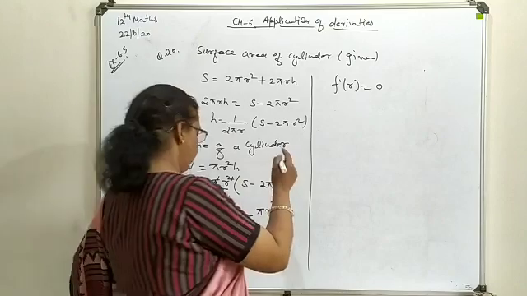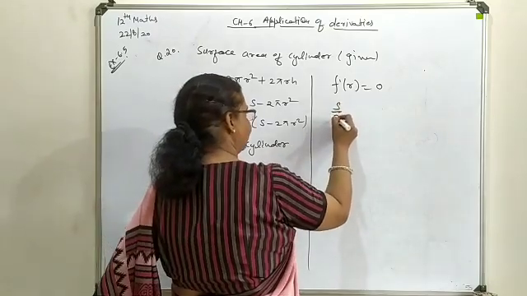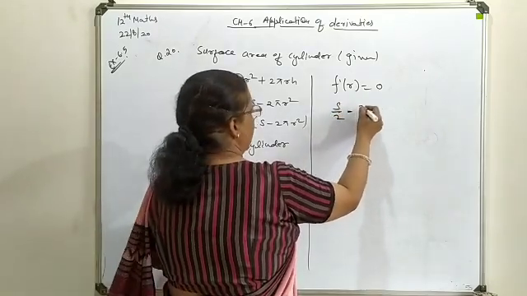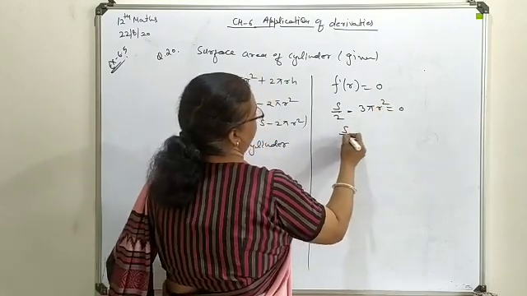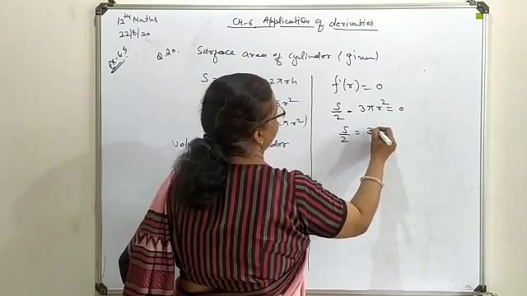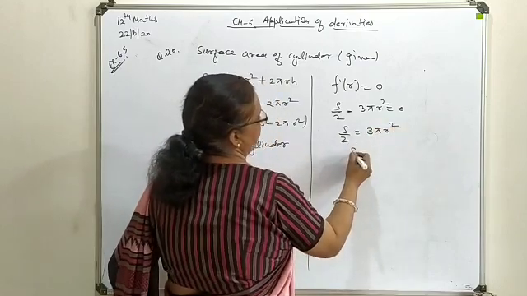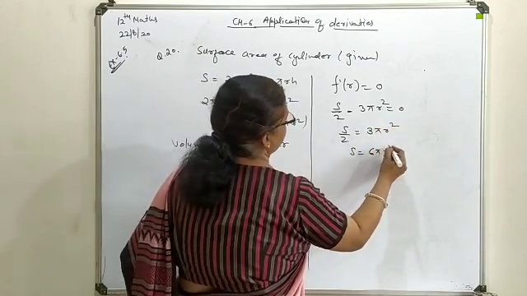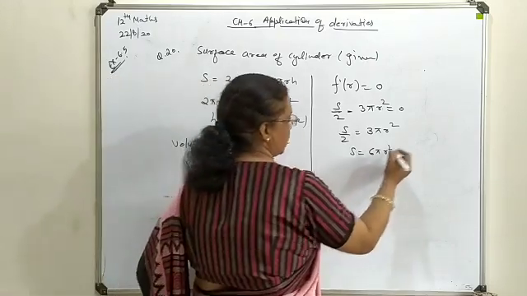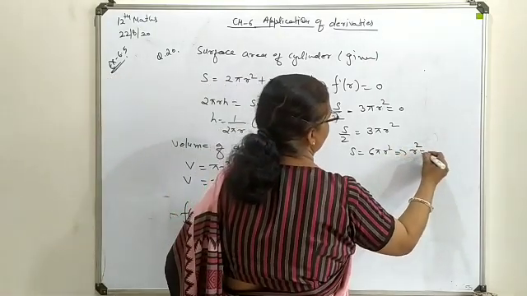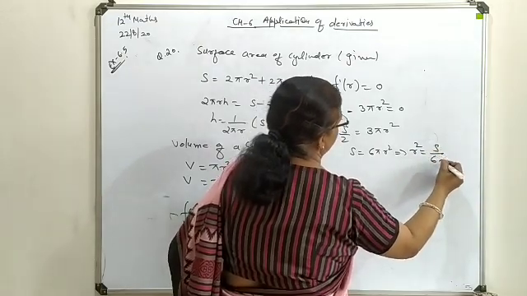The first derivative will be s by 2 minus 3 pi r square. So from here s by 2 equals 3 pi r square. So s will be 6 pi r square, and from here r square can be separated out as s upon 6 pi.